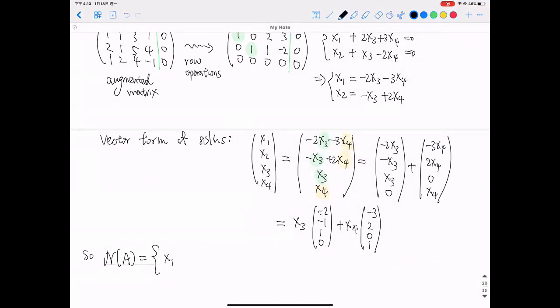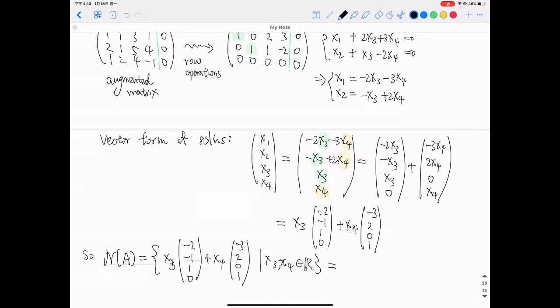N of A looks like, let's call it x3 times (minus 2, minus 1, 1, 0) plus x4 times (minus 3, 2, 0, 1), where x3 and x4 are real numbers.